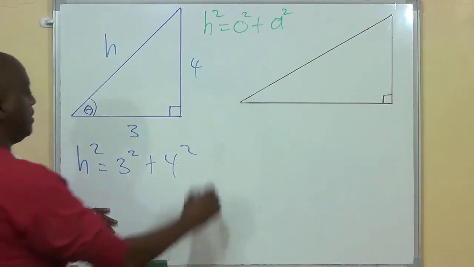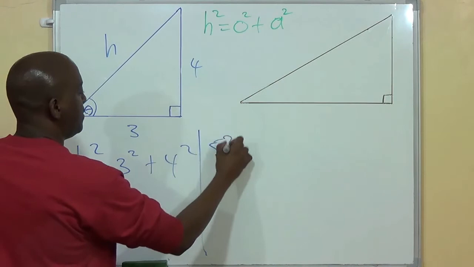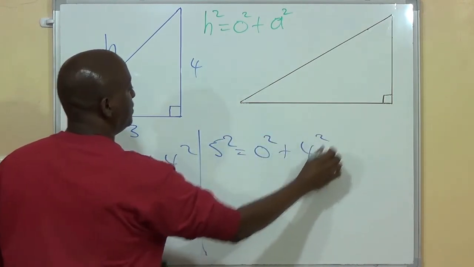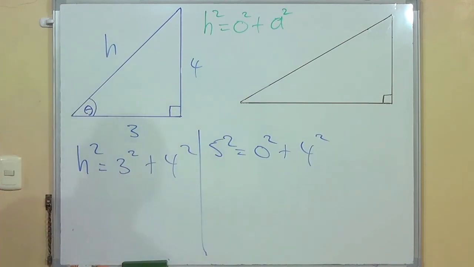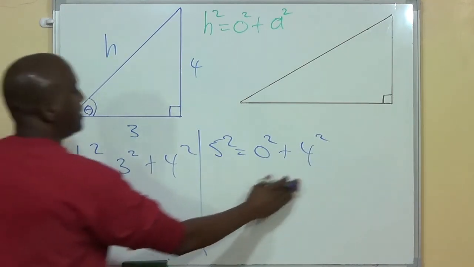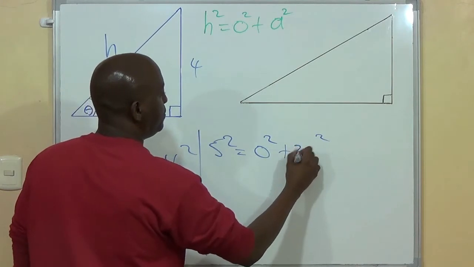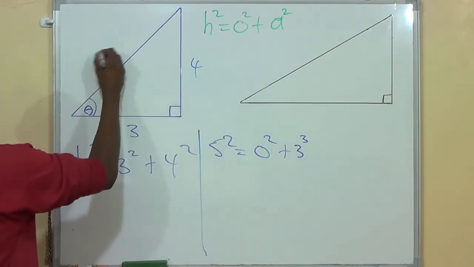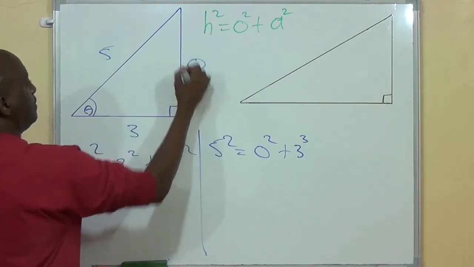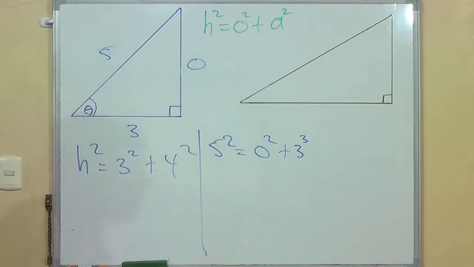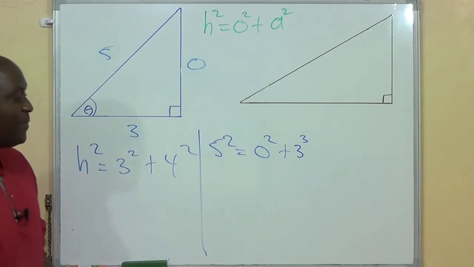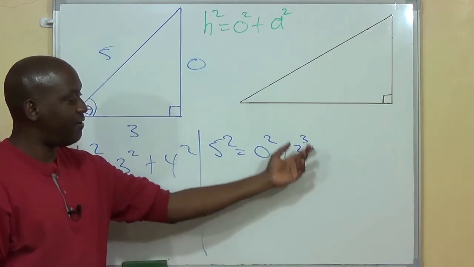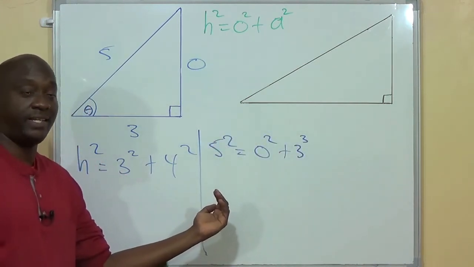If, however, we flip the script and we say 5 squared is equal to opposite squared plus 3 squared, sorry, the adjacent is 3, then suddenly there's a problem, because you now have to deal with the extra complication of having to carry something across the equal sign.